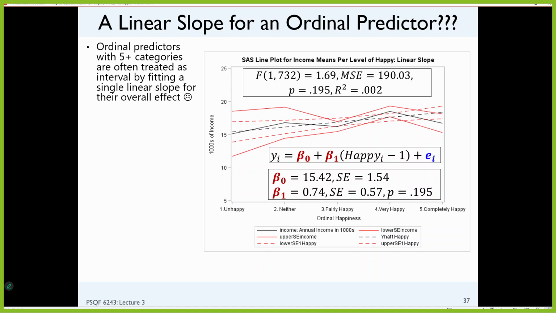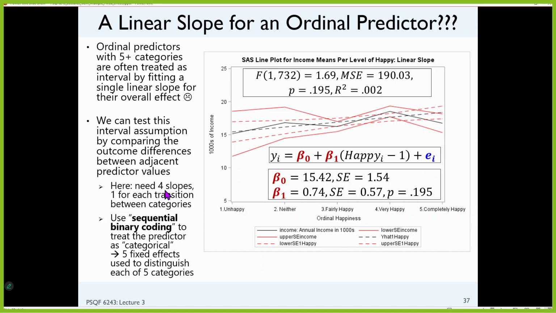Essentially the piecewise model is a way to test empirically whether you can draw one line through an ordinal variable and call it good, or whether that is not going to work. In this case, it's not going to work because you can see that the scores go up, they go back down, they go up, they go back down. So one line is not going to be a good descriptor for that.